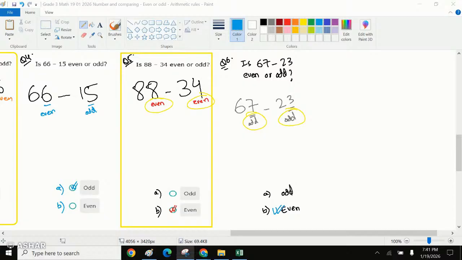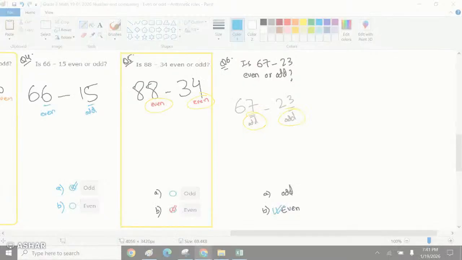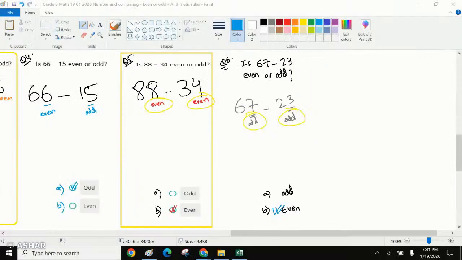Let's try one more. The next question says, is 67 minus 24 an even number or an odd number? Question number 7.